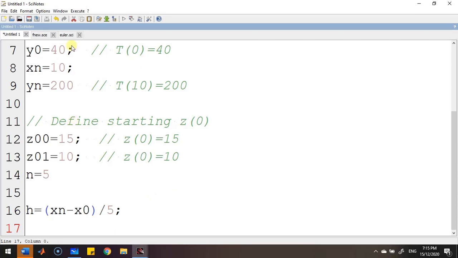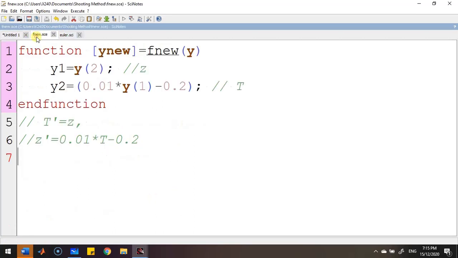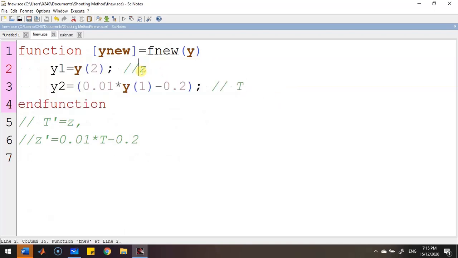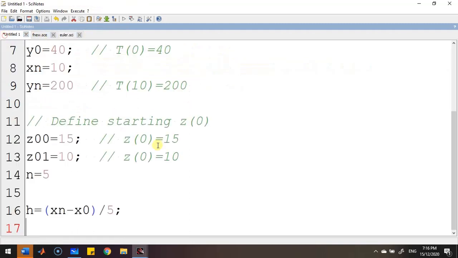If you look here, my f new is 2 dimensional, right? So one is z and one is t. Let's write it as y initial 1, which consists of my y naught and z0.